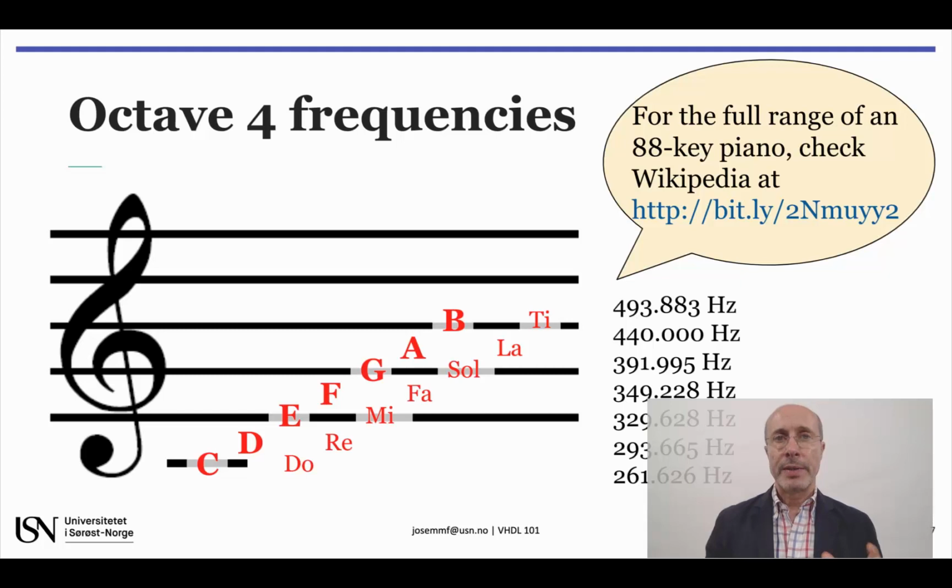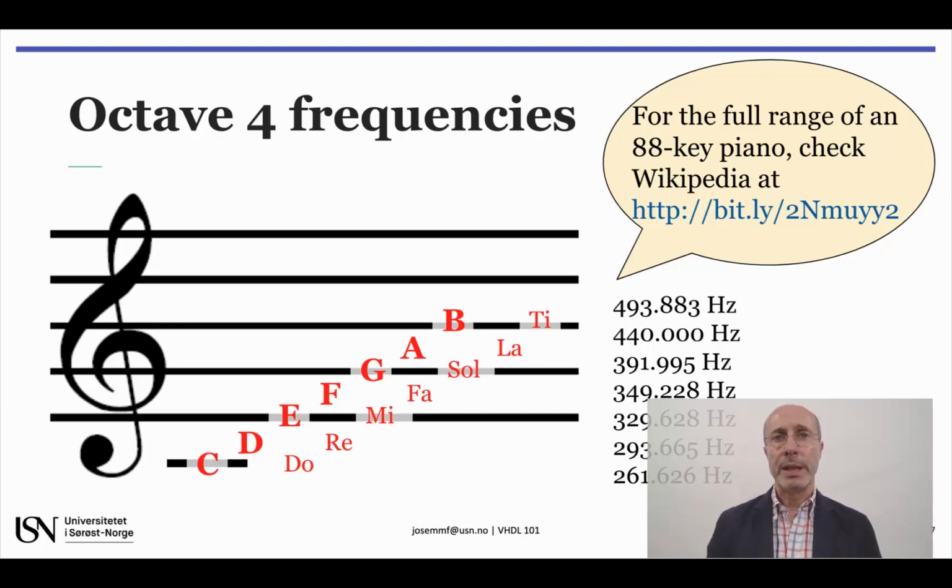An octave contains the 7 musical notes, and the frequency of any given note doubles as we move from one octave to the next. An 88-key piano keyboard covers a range of frequencies that extends through 7 complete octaves.